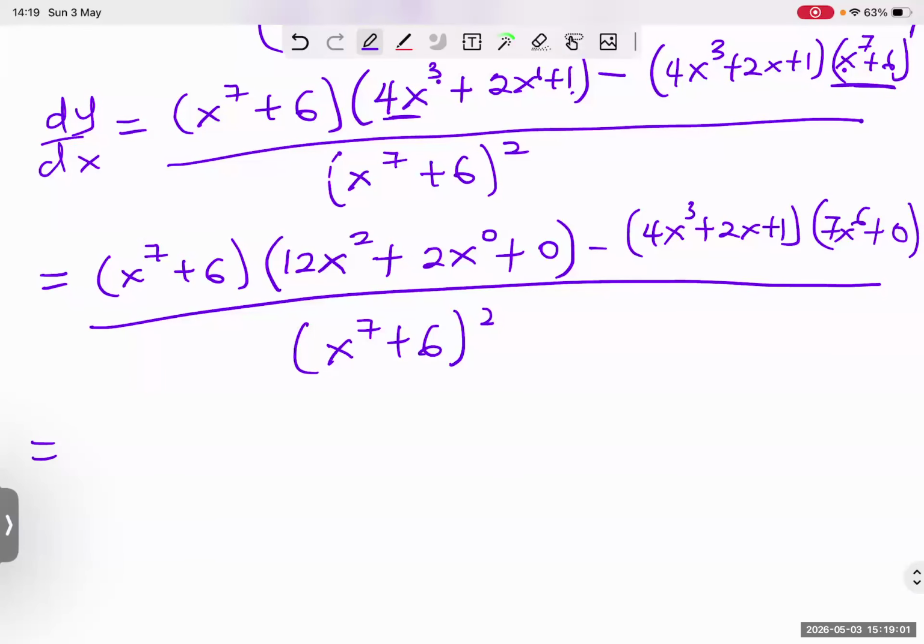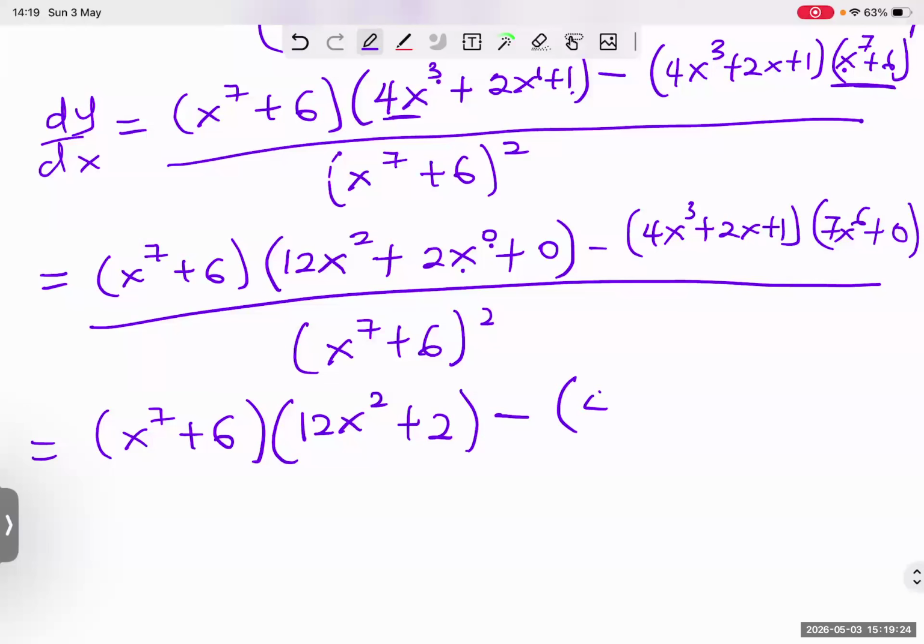So this is equal to x to the power 7 plus 6 into bracket. I'll have my 12x squared. I have plus 2 times x raised to the power 0, that'll be 1. 1 times 2 is 2. 0 there, so I have just 12x squared plus 2.